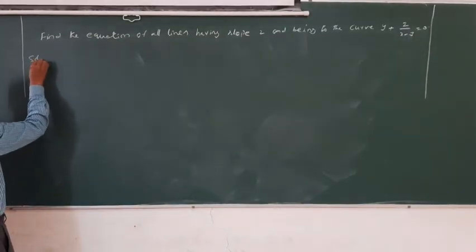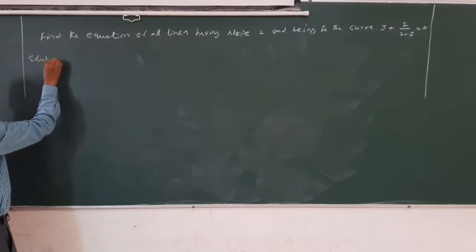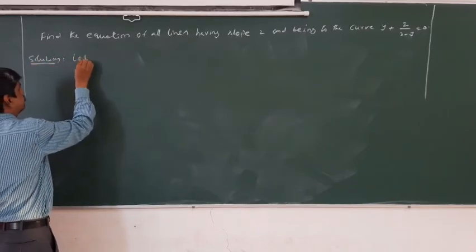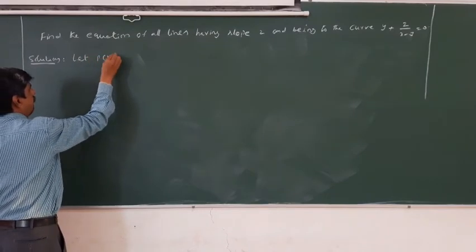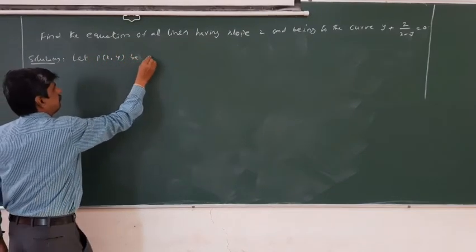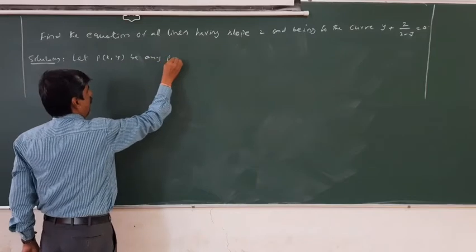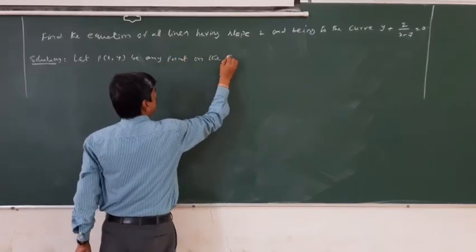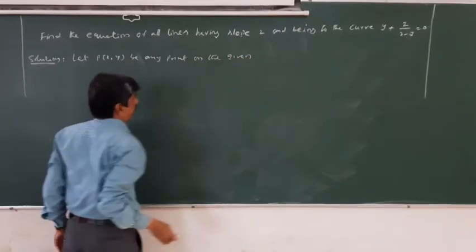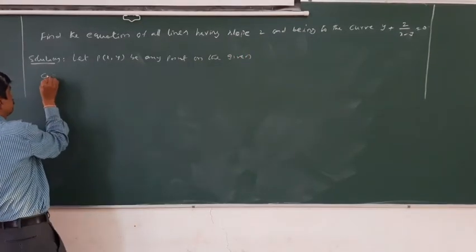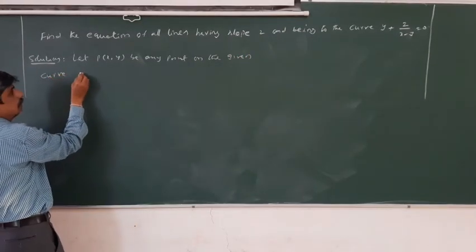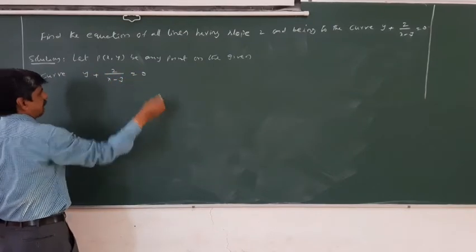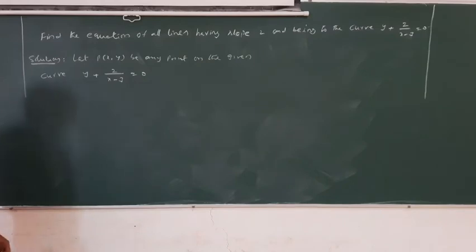Solution. Let P(x, y) be any point on the given curve y plus 2 by x minus 3 is equal to 0.